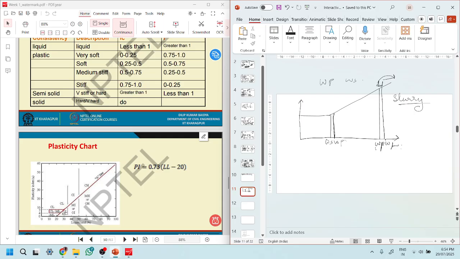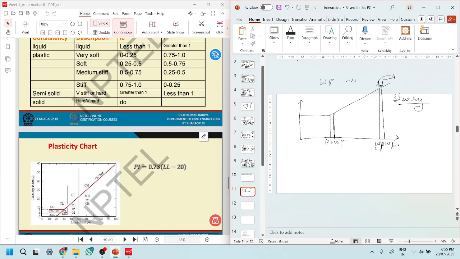It is like this wheat flour, when it is dry, it will be solid, and then as you go on adding water, there will be a state when it's the perfect time for the rotis. That's the plastic limit. And then if we add more water to it, you will form a slushy mix, isn't it?